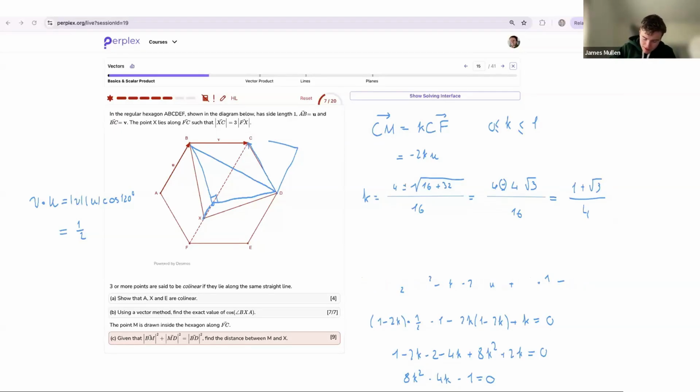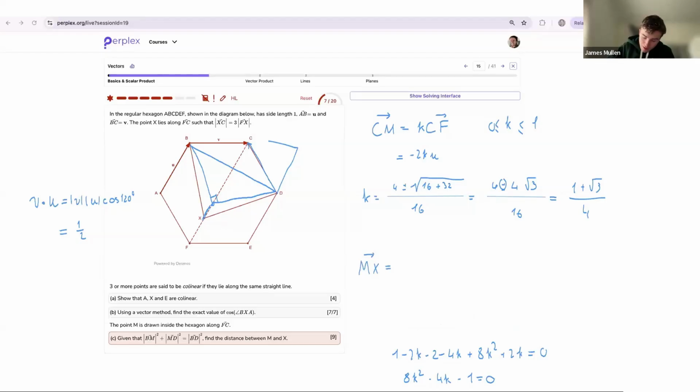What I'm going to do is write a similar expression to what I wrote for CM for CX, and we're going to just see how far apart they are. All right. So I can say that now I have CM is equal to negative 2KU, and therefore I can say that MX is, so how do I go from M to X?